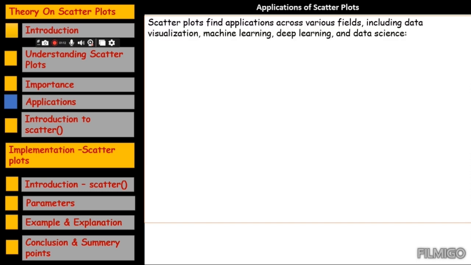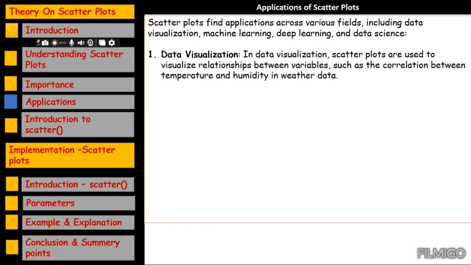Applications of scatter plots. Scatter plots find applications across various fields, including data visualization, machine learning, deep learning, and data science. Data visualization: scatter plots are used to visualize relationships between variables, such as the correlation between temperature and humidity in weather data.